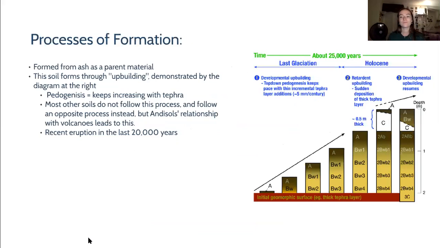Upbuilding pedogenesis is how we get buried A horizons and many different parent materials as we make our way down the horizon. You can sometimes date the eruptions from the different chemical formulas in the ash to identify which eruption it came from and how old the soil is. They're weathered from porous volcanic ash that is uncrystallized minerals of alumina and silica-based material weathered into porous allophane.